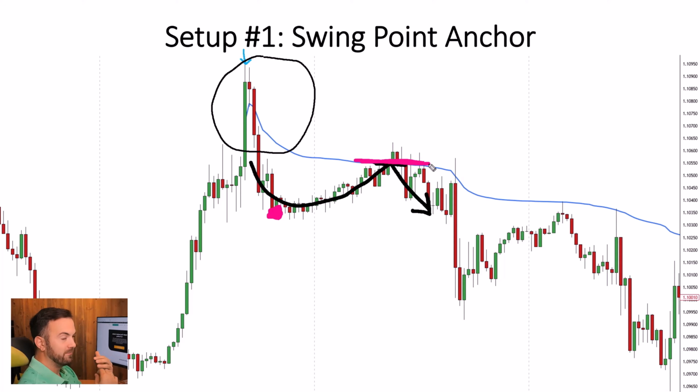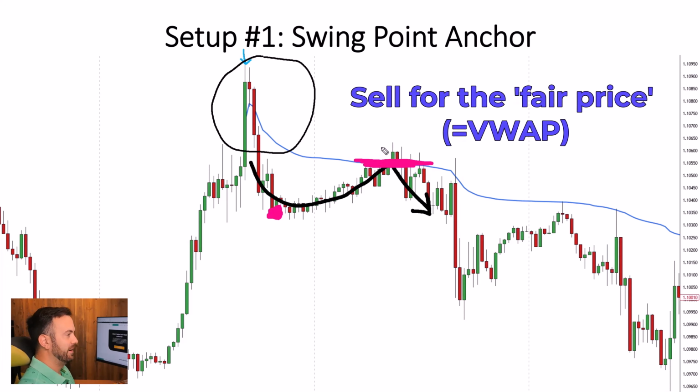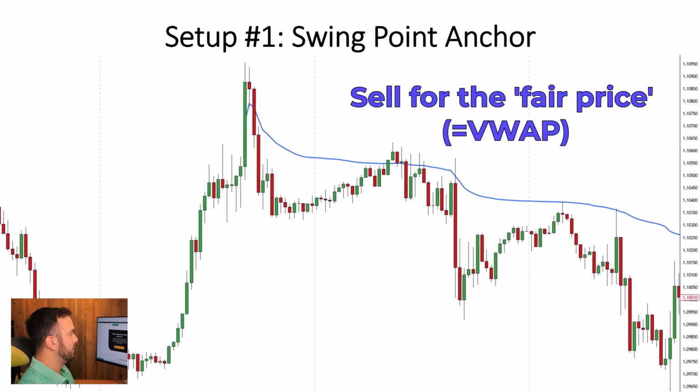By the way, VWAP or anchored VWAP is one of the most used indicators that algos or big trading institutions use. Anyway, all those institutions, all those traders, all those algorithms, they want to sell for a fair price, which is represented by VWAP. That's why the price reacts here, right? So that's why you go short from the place where the price hits the VWAP.